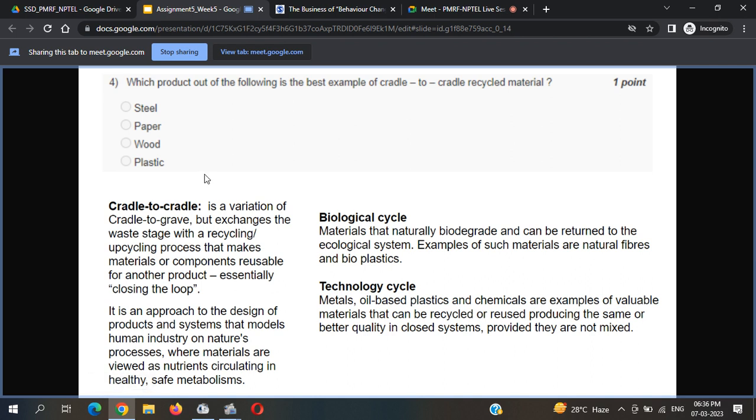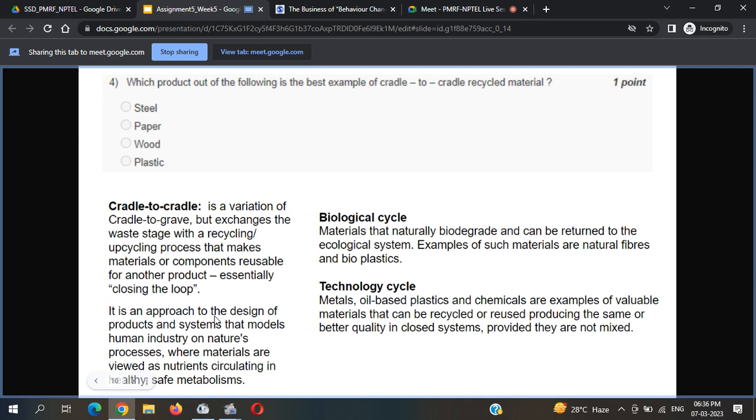The question here asks which of the following four is the best example for cradle to cradle. Cradle to cradle is a variation of cradle to grave, but it exchanges the waste stage with the recycling or upcycling process. This you already know.